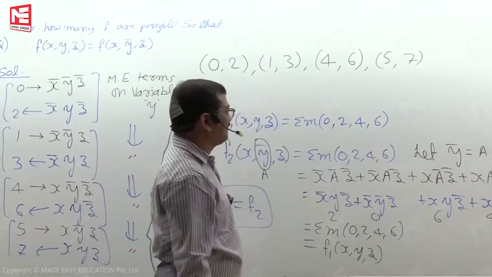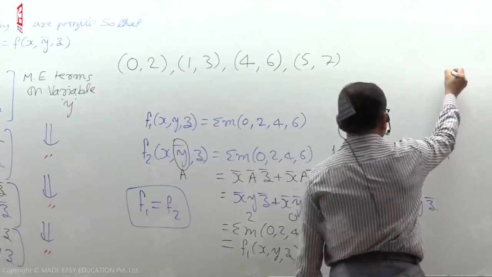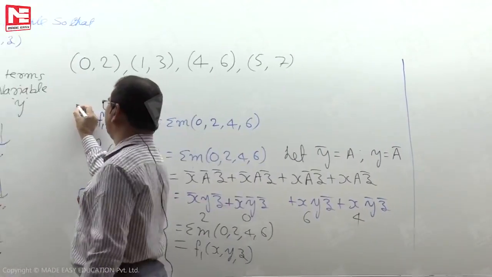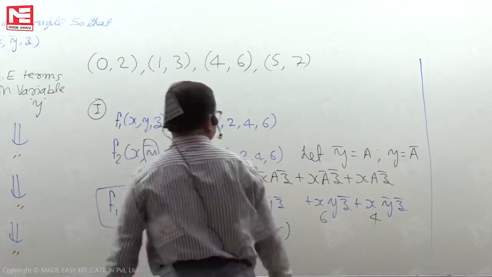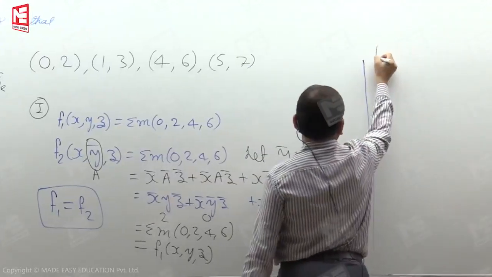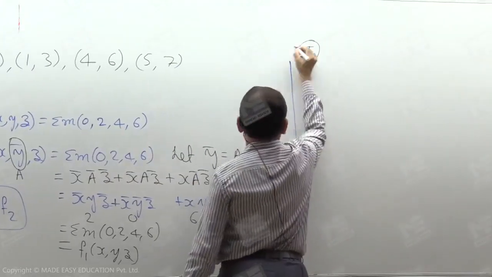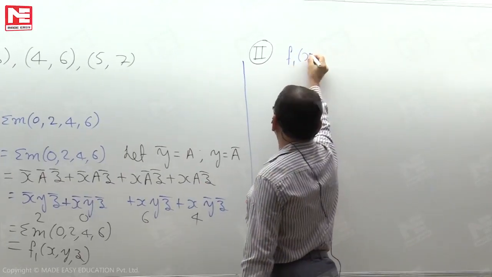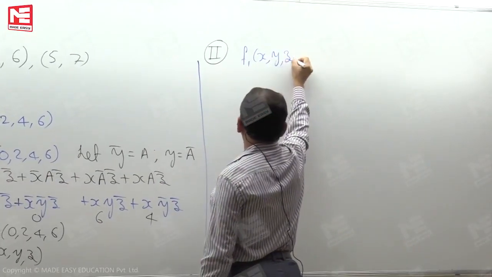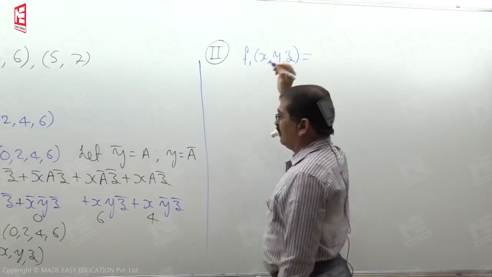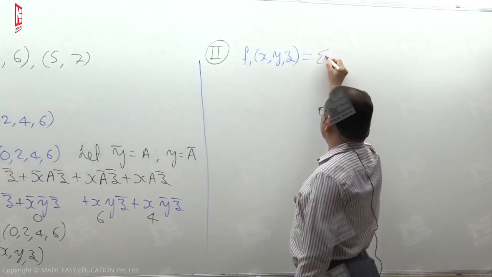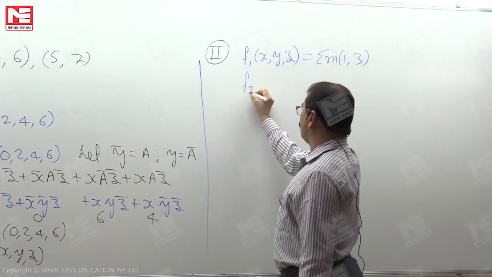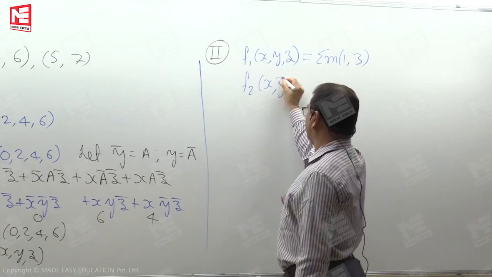Similarly, let us try one more example. That was one set we considered. Let us go for the next set. In the next set, let us read the functions with only two minterms. Consider the minterms 1, 3 for f1. f2 is on x, y complement, z.